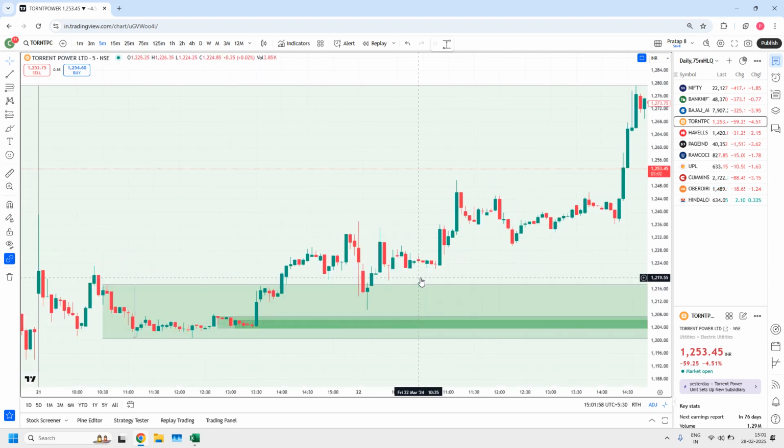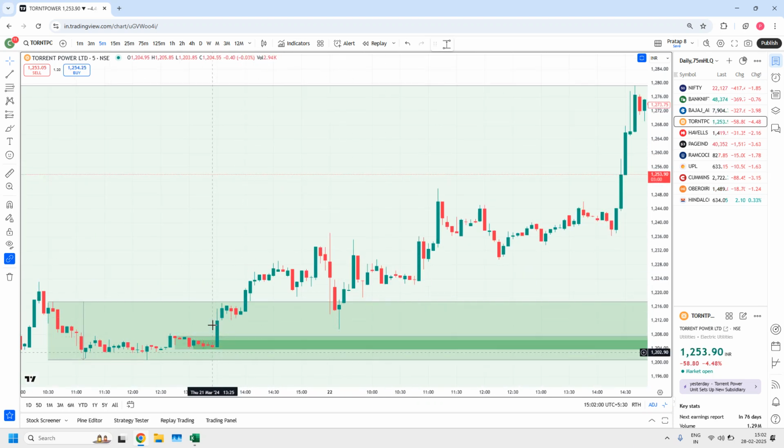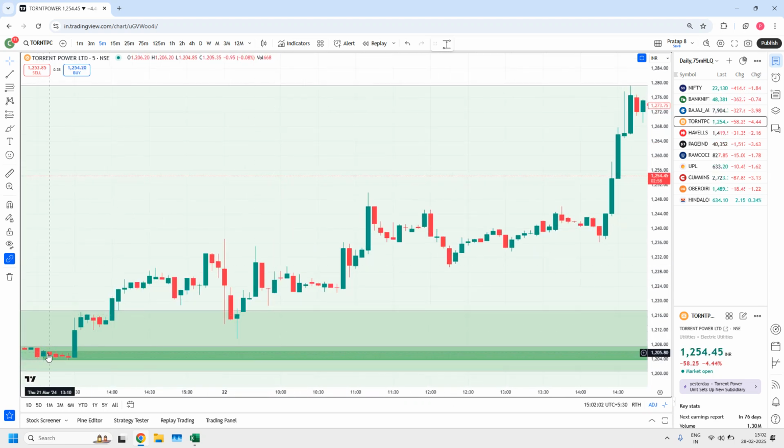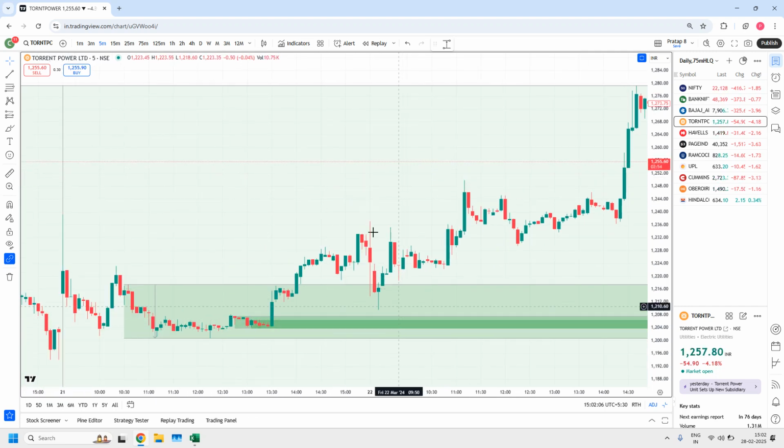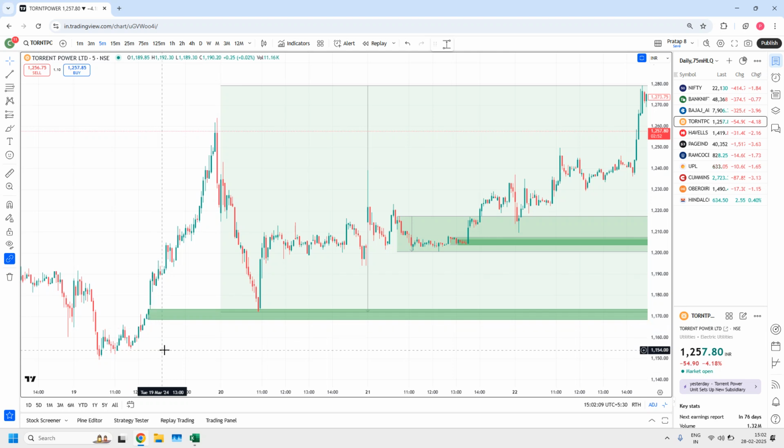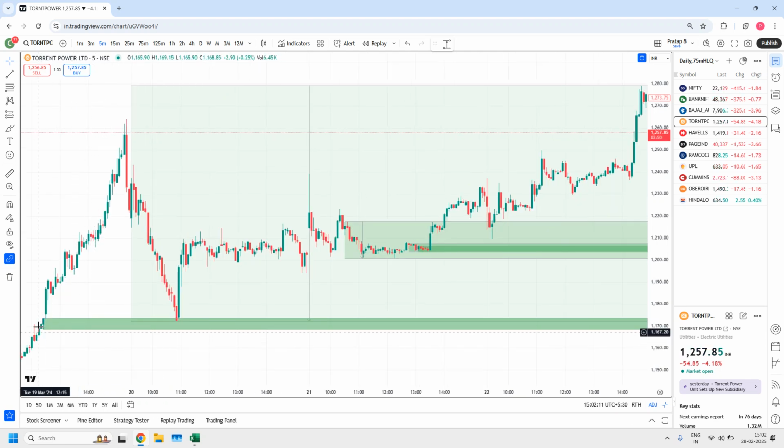And see here we have a drop, 1 2 3 4 5 base candles rally. This is the one we have drawn, and here we have a horizon, a rally, 2 base candles and rally. This is the horizon for this entire daily high liquidity zone. This 5-minute zone is the horizon.